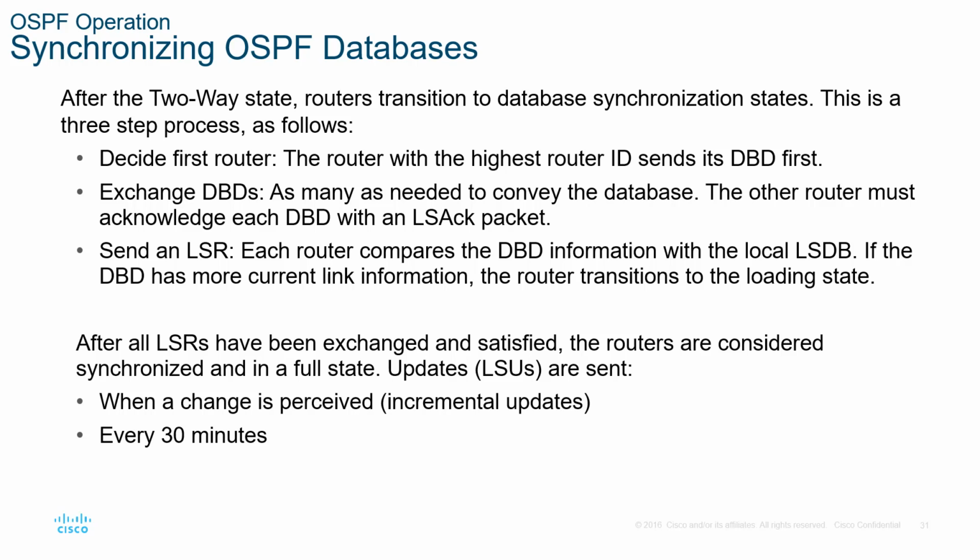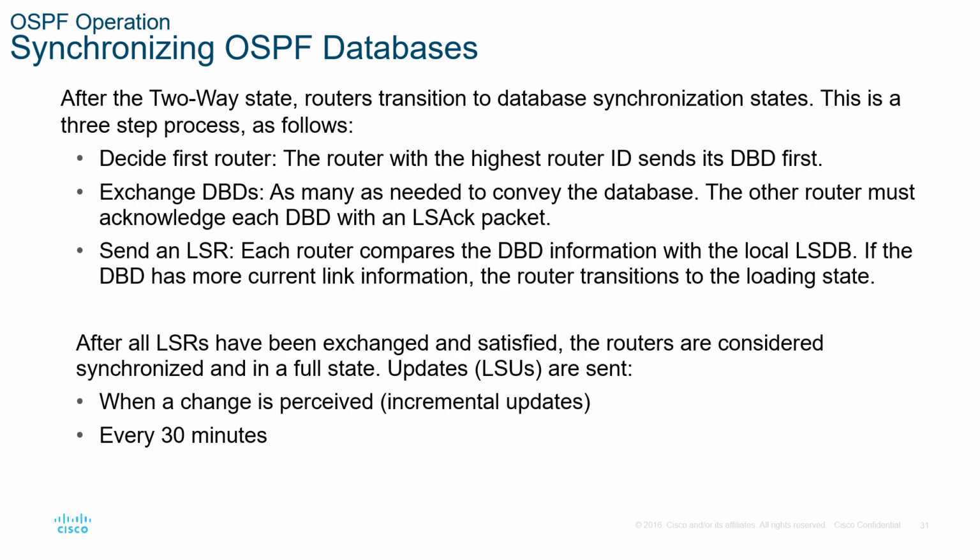After all LSRs have been exchanged and satisfied, the routers are considered synchronized in a full state, and then there might be an update sent if there is any changing information. If not, every 30 minutes just to verify. This is when we would say that it is converged: all routers have all information on all other routers.